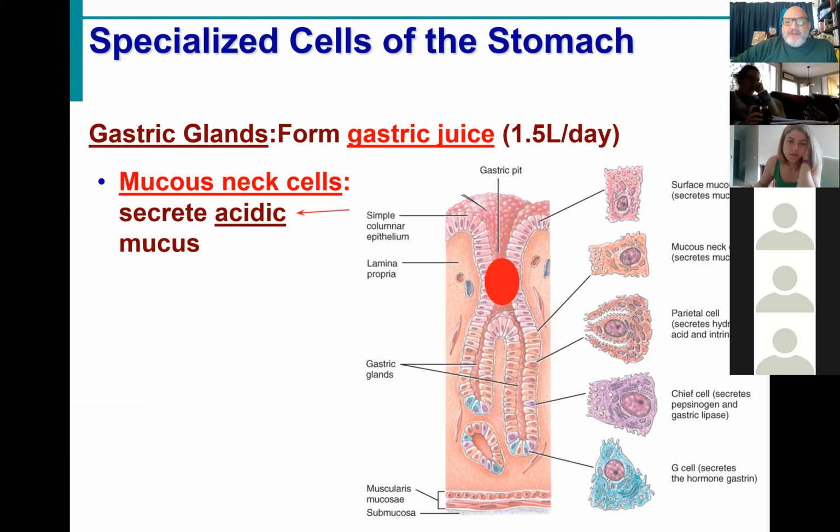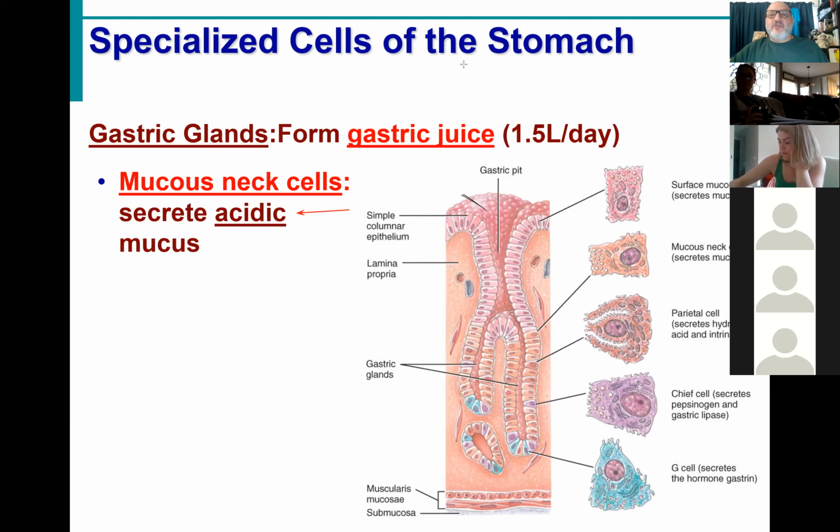So they think that maybe this acidic mucus helps to break up the thick alkaline mucus and keep the opening clear. But like I said, the function of it is not fully appreciated and understood. We know they're there. We know they produce an acidic mucus, but what exactly that acidic mucus is doing is not fully understood.